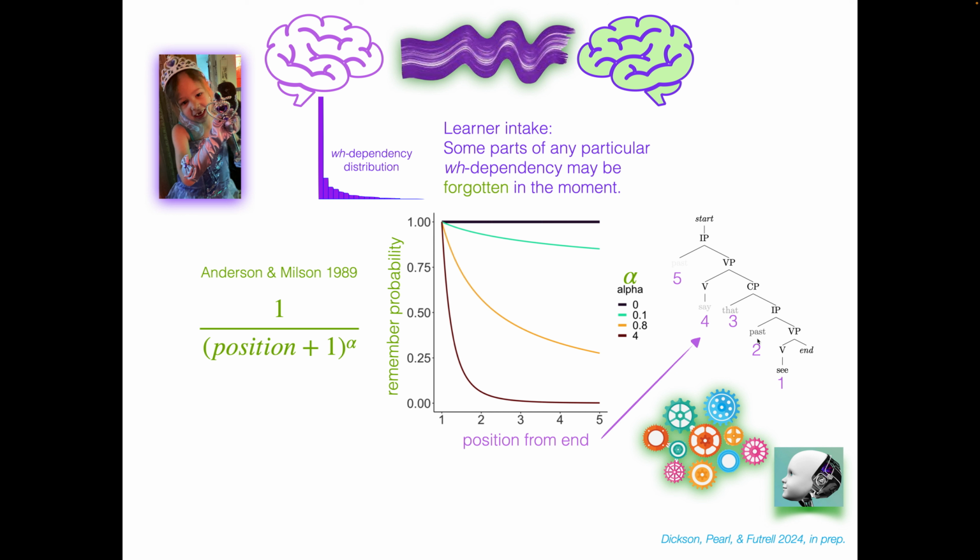So C is in position 1, then 2, 3, 4, 5. And the idea is the further you get away from the end, the less recent you are, the more likely you are to be forgotten. And how much depends on this parameter alpha, right? So you can just see what happens if you're forgetting nothing versus a little versus a lot, from the end.